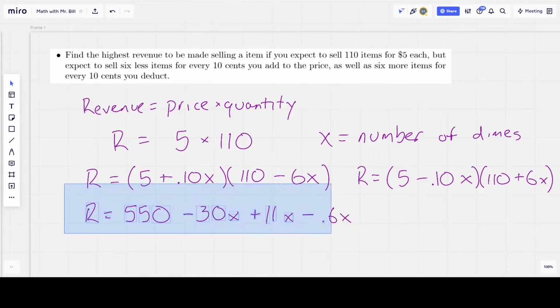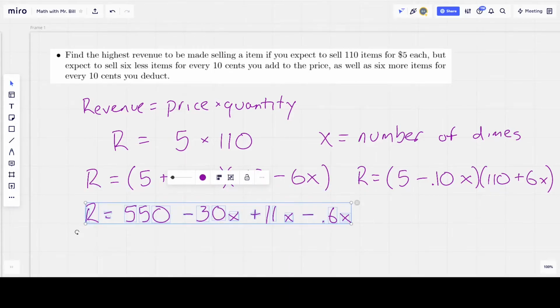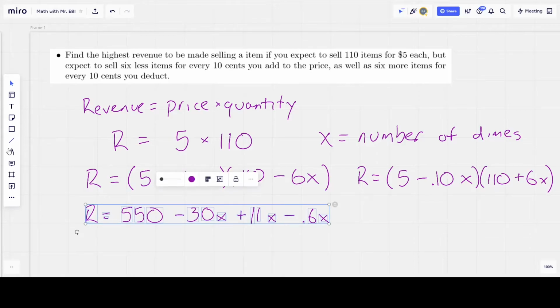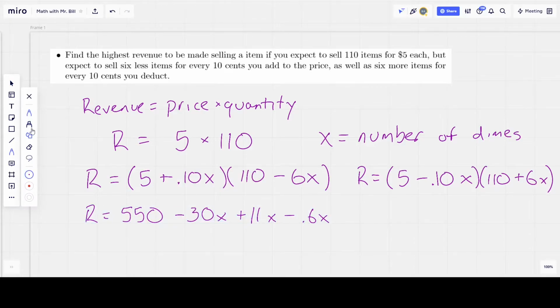Okay, so we've got that one, and we're going to simplify it down a little bit, and that gives us R is equal to 550 minus 19x minus 0.6x squared.